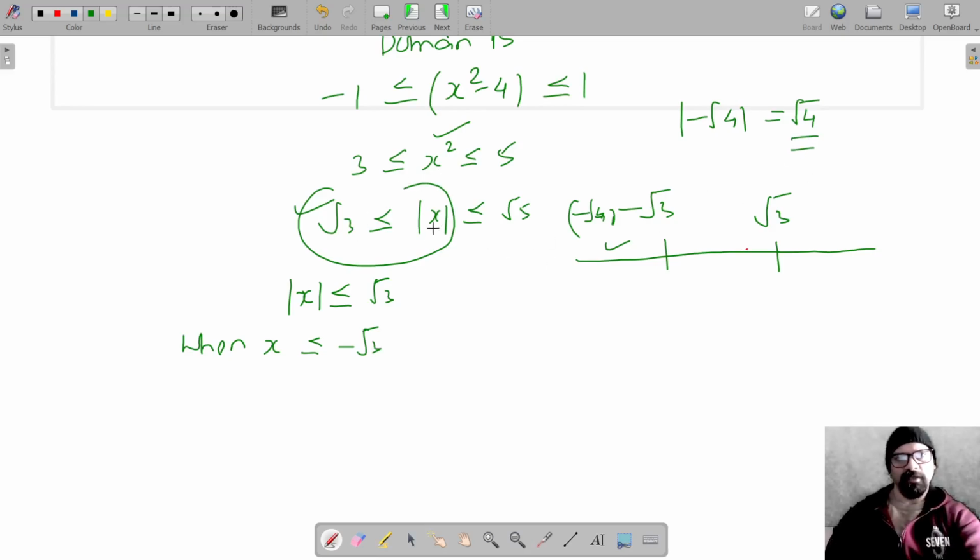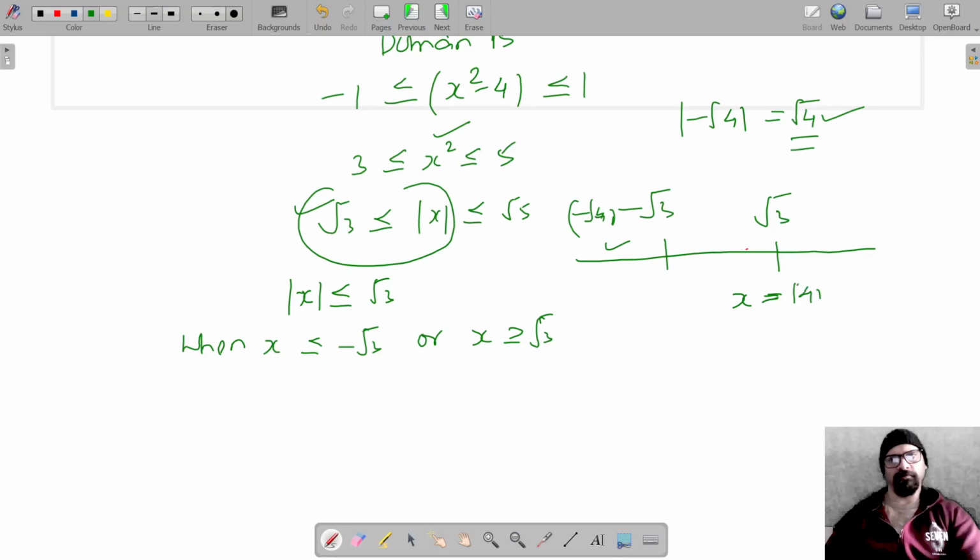So modulus of x is greater than or equal to root 3, or x is greater than or equal to root 3. Because when x is greater than or equal to root 3, let's say when it's 4, the modulus of 4 is 4, and this would be greater than or equal to root 3.